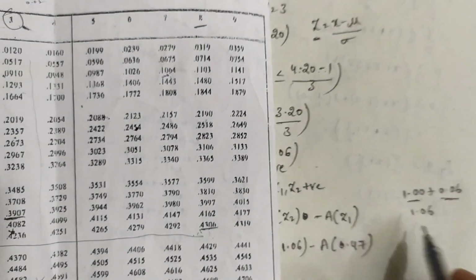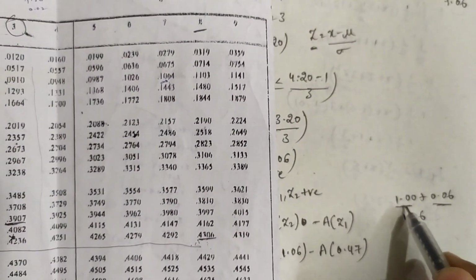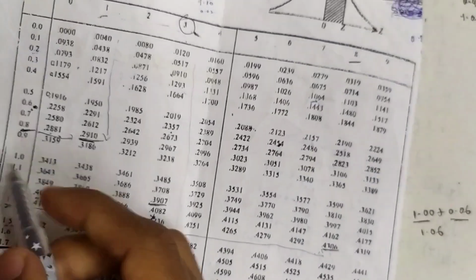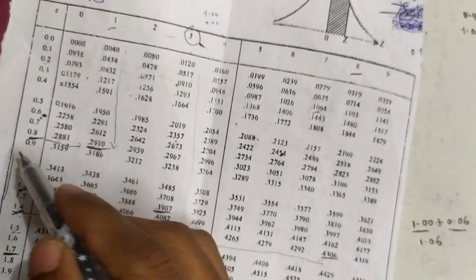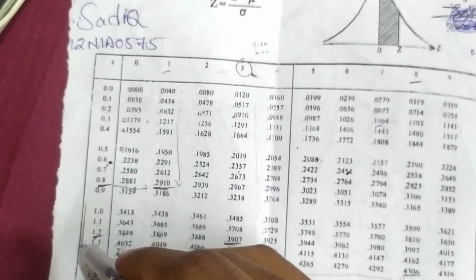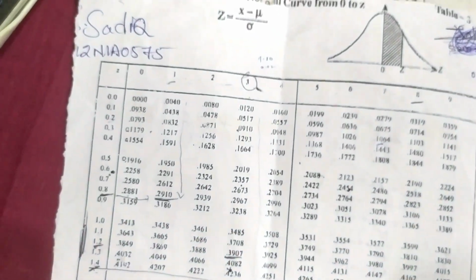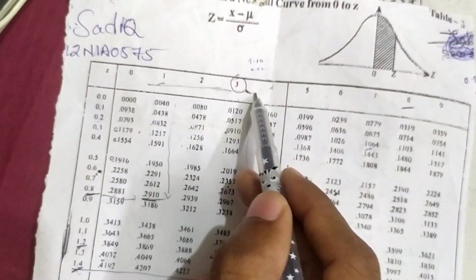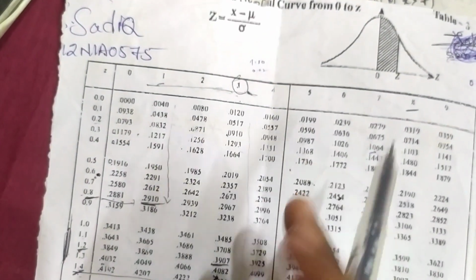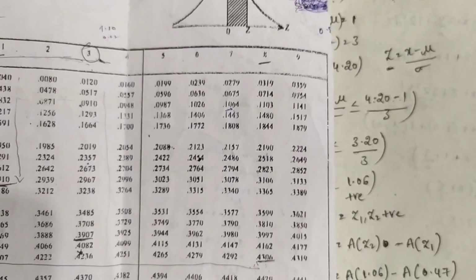Again, I am repeating: the starting value 1 is row-wise, in this row, and the 0.06 value we see column-wise. The intersection of this row and column is the value of this answer.